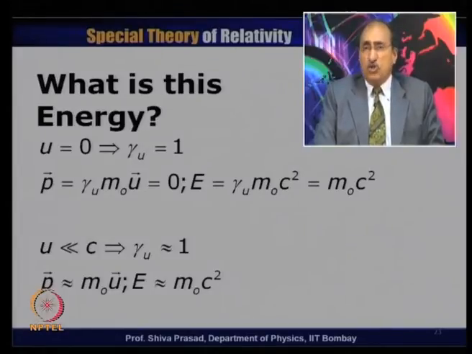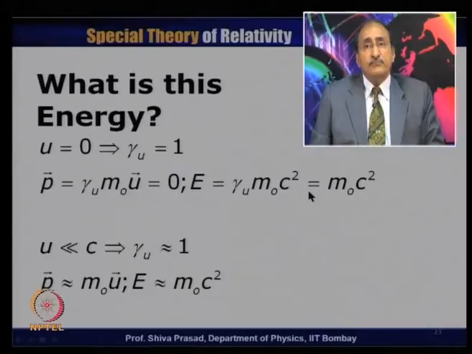So if my u was 0, for example, my gamma u will be equal to 1. The momentum, because u is 0 here, will be 0. But this energy will not be 0, because this becomes 1. This will be just m naught c square. Similarly, let's assume that u is not 0, but very small in comparison to speed of light.